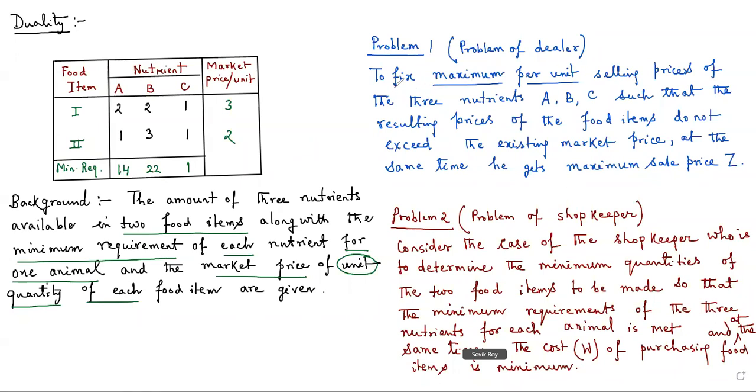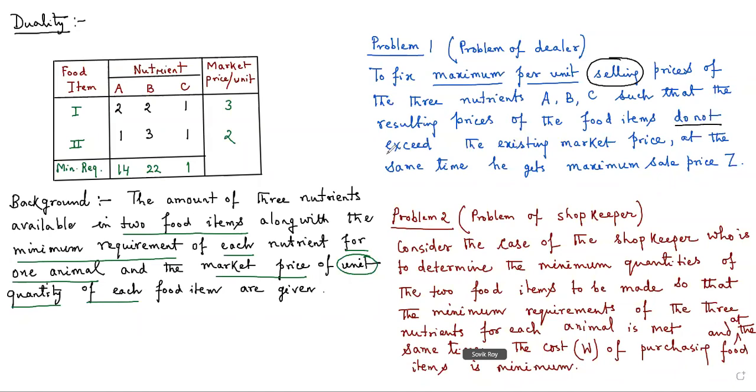Now, what the dealer is saying, let me just read it out, and meanwhile you can copy it also. The dealer's problem is as follows. He wants to fix maximum per unit selling prices of the 3 nutrients A, B, C such that the resulting prices of the food items do not exceed the existing market price.